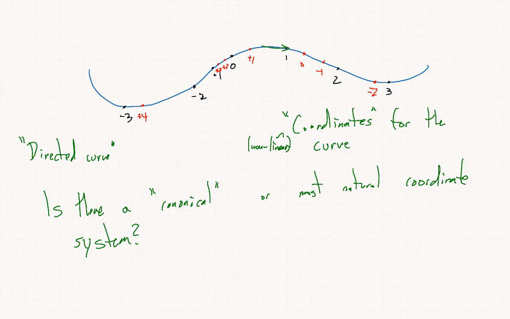And so the answer to this is yes, there is the arc length parametrization. This is maybe a needlessly abstract way to motivate this concept, but this is maybe a way mathematicians would think about what we like about this.